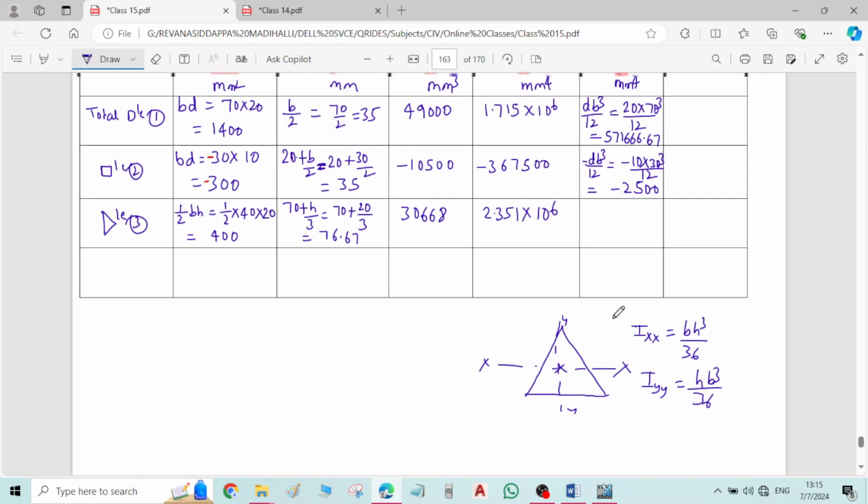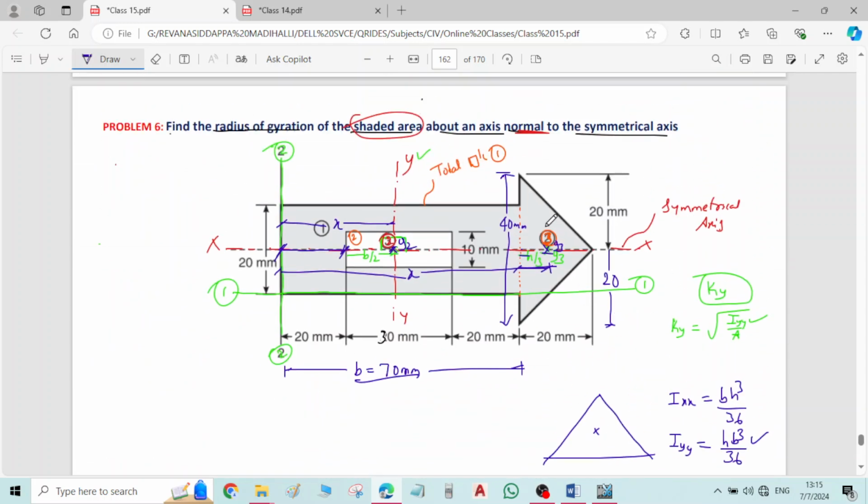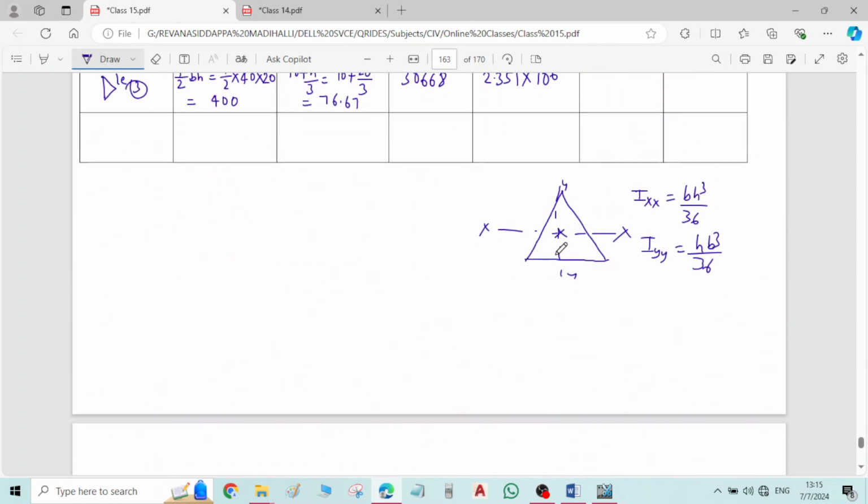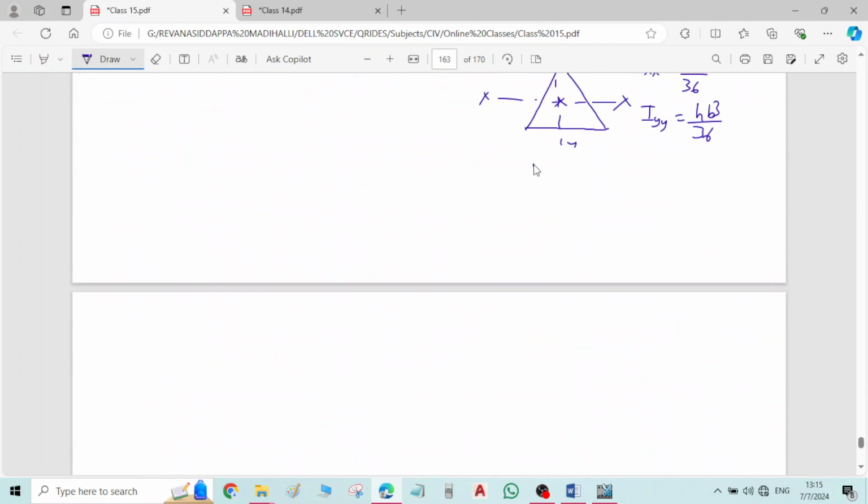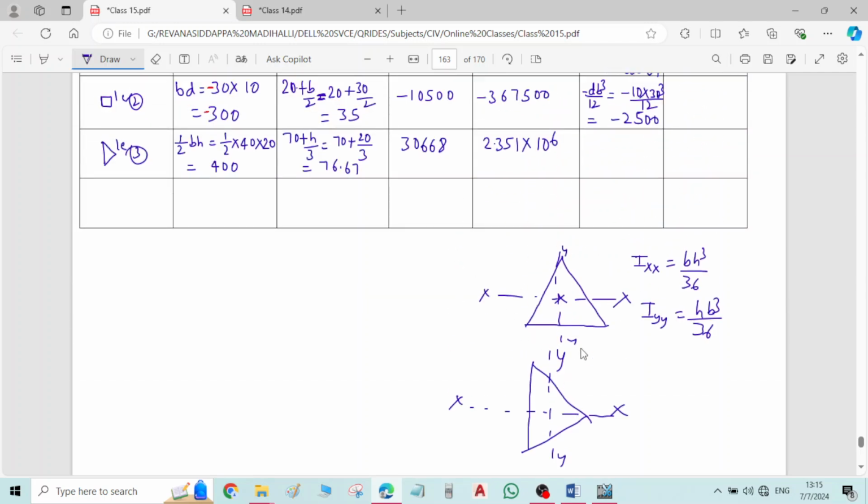In this particular problem, look at the alignment of the triangle. The alignment of the triangle is changed now, so the formula will be reversed: Ixx will be hb cube by 36 and Iyy will be bh cube divided by 36.